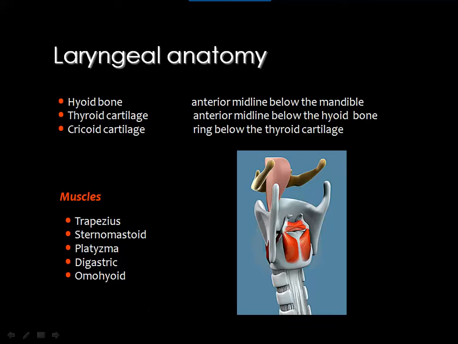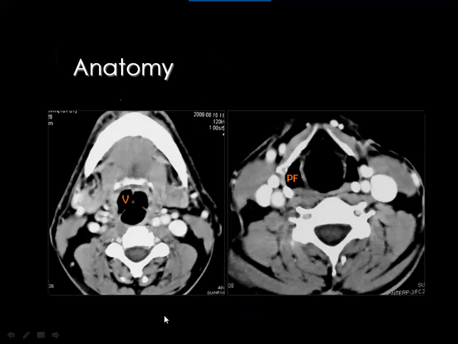Many of these muscles you don't need to know their specific names, but when the name of the muscle is important, I will mention that, especially in the mouth floor and the tongue region.